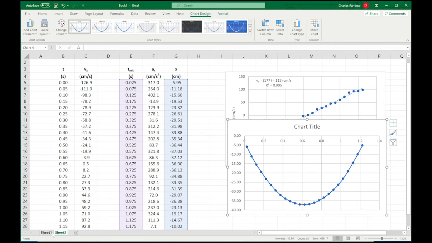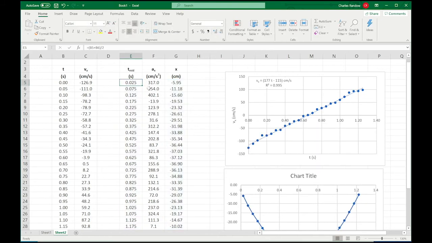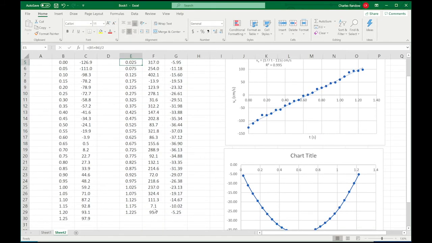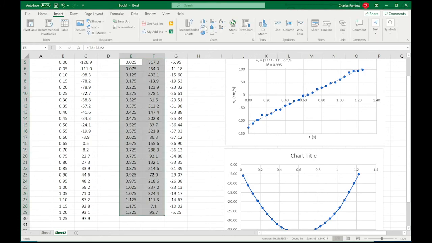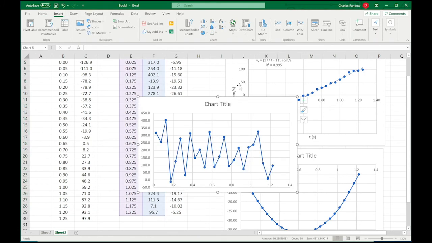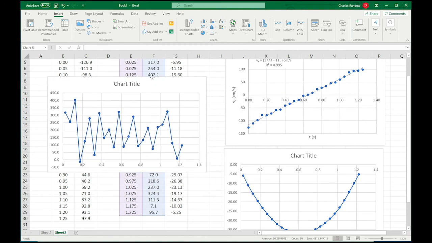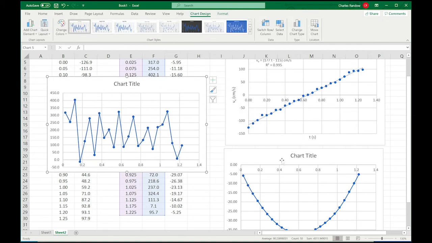The integral of the fit looks much nicer compared to the numerical integral than the numerical derivative did. If we forgot what the numerical derivative looked like, I will plot it again, and I will now connect the dots. And so this was what the derivative looked like. So the integral looked much nicer than the derivative did, and that's very common. So these are two different methods for dealing with derivatives and integrals that originally start with discrete data points.